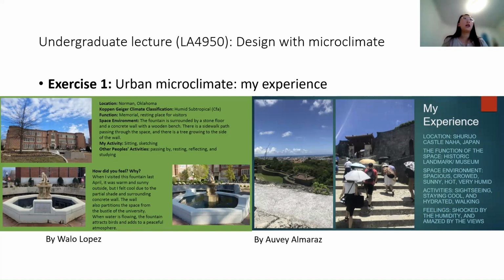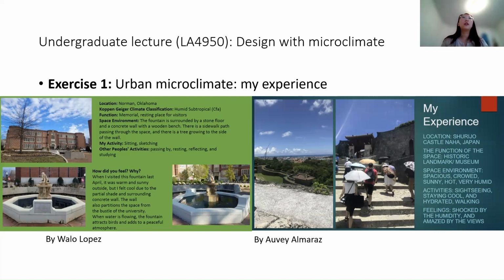They're going to tell us the location, the climate and the space environment. I ask them to describe what's there, what the design characteristics are, whether they have a fountain, whether they have a tree, how big it is, and what the users' activity is, what people do there.